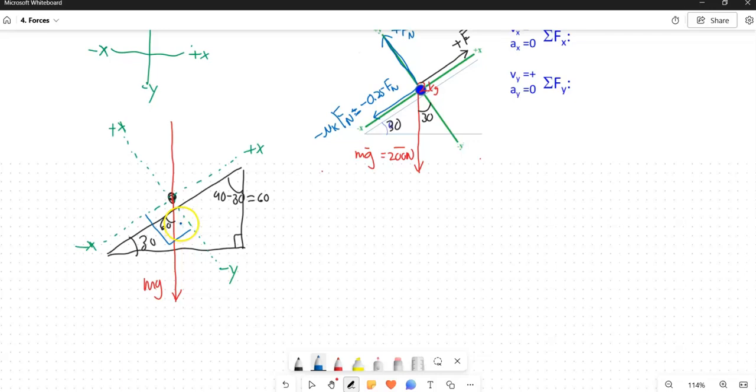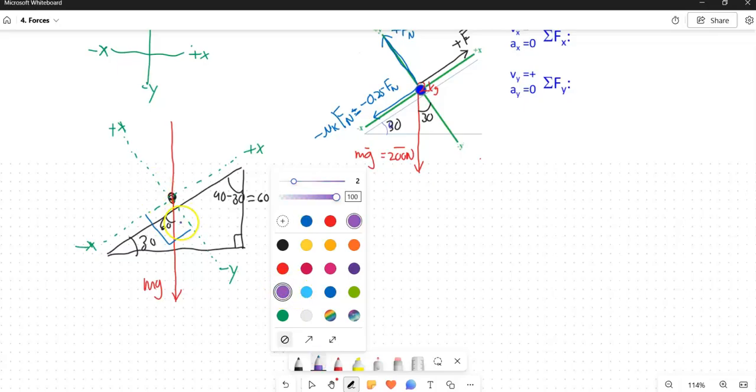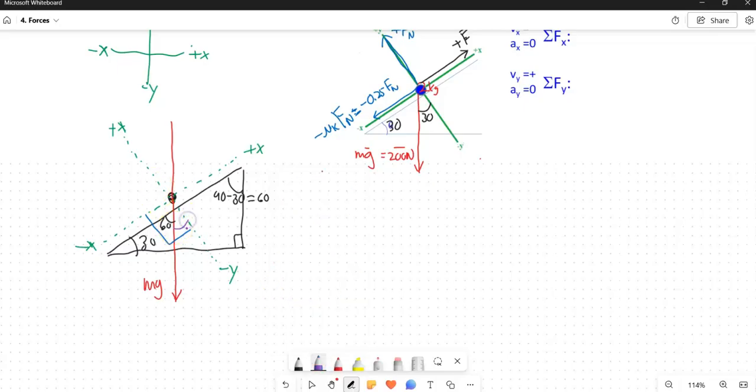And since this whole angle is 90 degrees and this part is 60 degrees, that means this part right here, and I'll use purple, has got to be 30 degrees, because 30 degrees plus 60 degrees is equal to 90 degrees. So that's how this is 30 degrees.